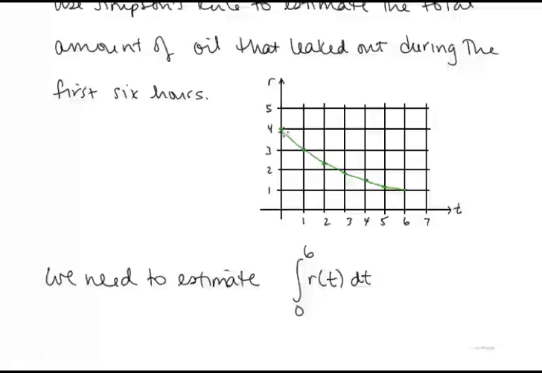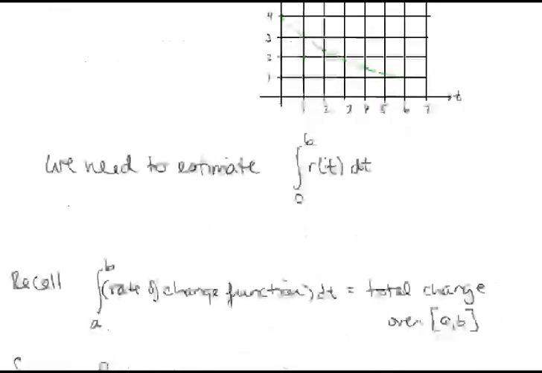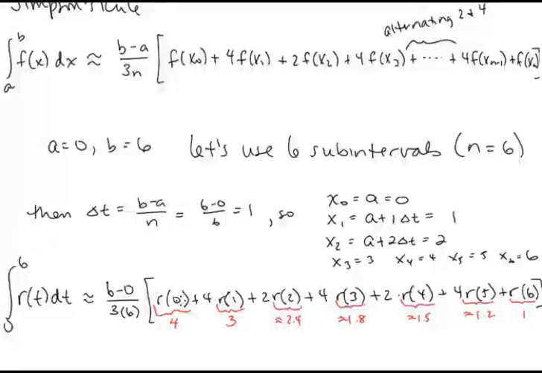So for R of 0, it looks like R of 0 is equal to 4, and R of 1 is equal to 3. R of 2 looks like it's approximately 2.4. So R of 0 we said looks like it's 4, R of 1 is approximately 3, R of 2 approximately 2.4, and so we're estimating here these values from the graph.